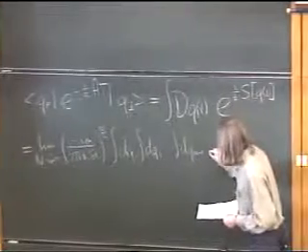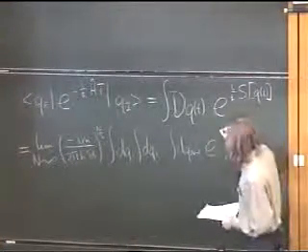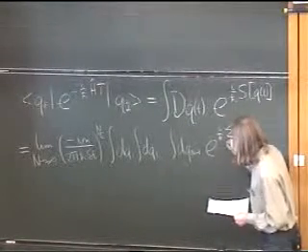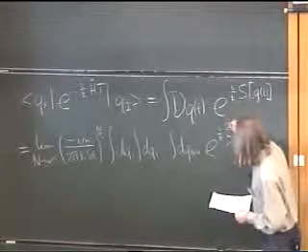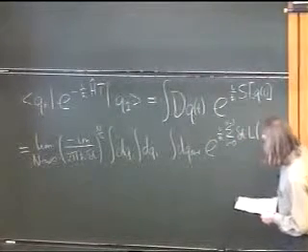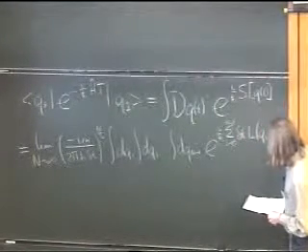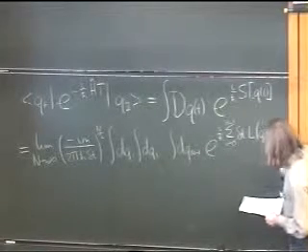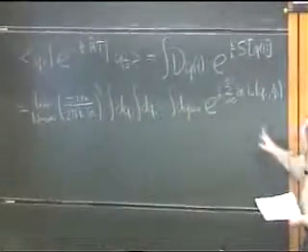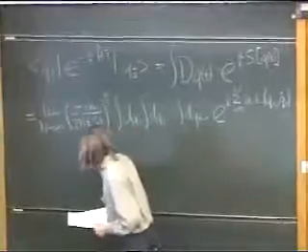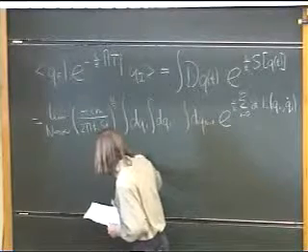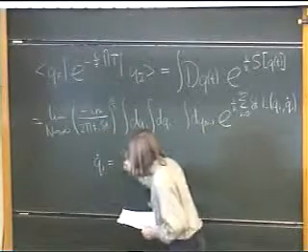And the thing we integrate is exponential i over h bar sum j equals 0 to n minus 1 delta t times the Lagrangian evaluated at qj, qj dot. Okay, and well, with this notation, what we mean by qj dot is just qj plus 1 minus qj over delta t.